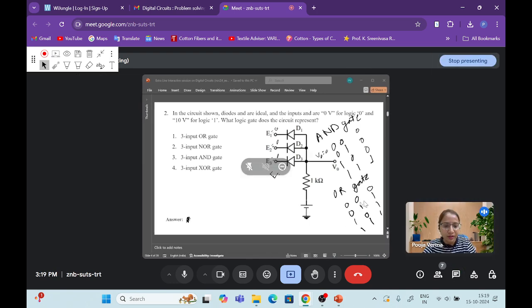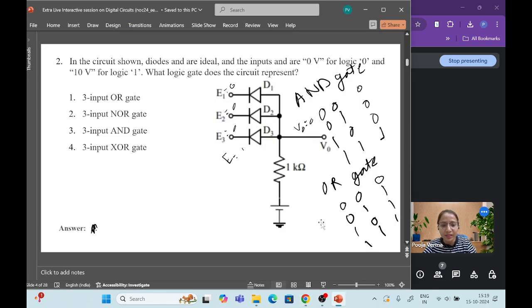In that case, no, it's not an OR gate. We will see. In that case, the diodes are off, and the current across that 1 kilo ohm resistor will be 0, and Vout will be 10 volt. So let's check from the truth table.